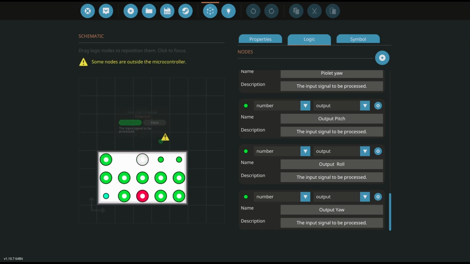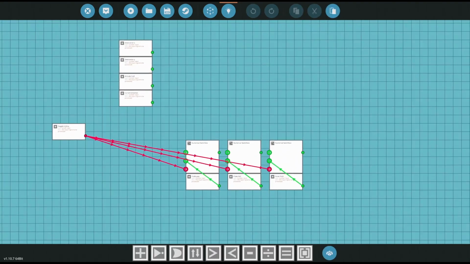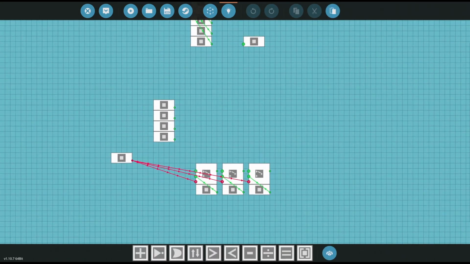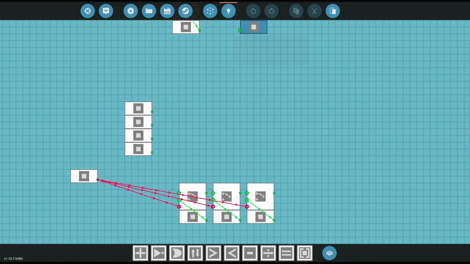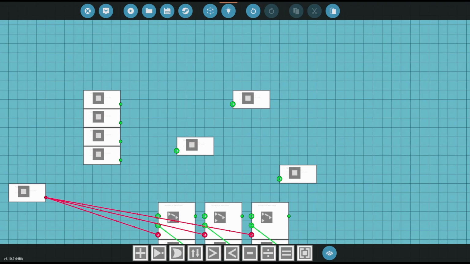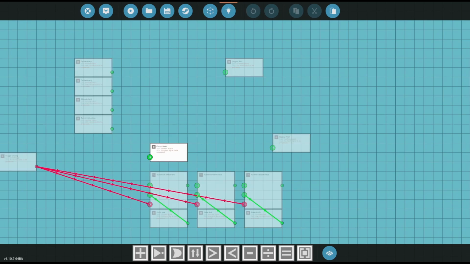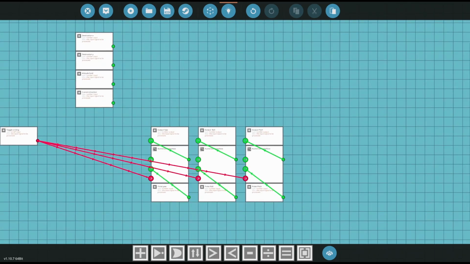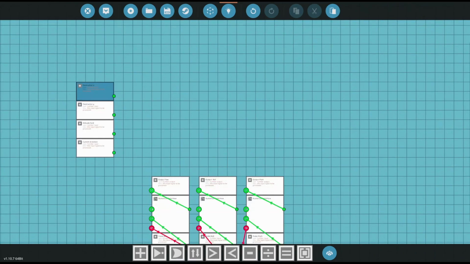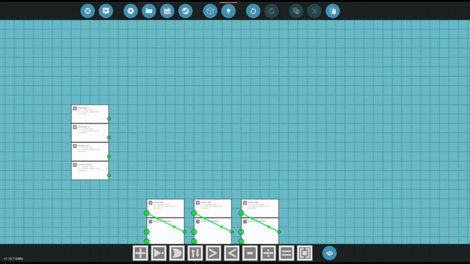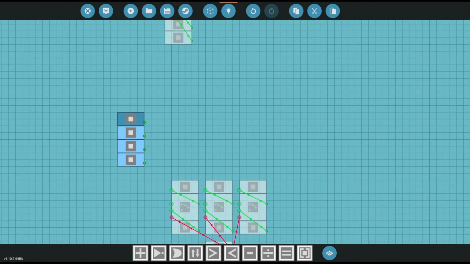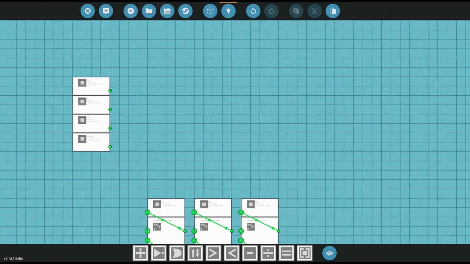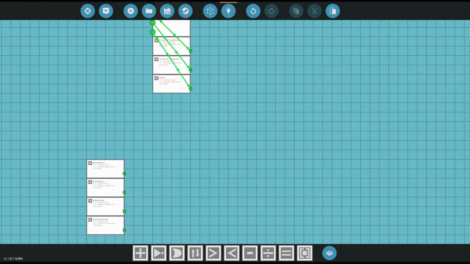Let me slide this here and put that there. That is gonna sit up top of here. Then yaw to yaw, roll to roll, and pitch to pitch. Brilliant. So we got all these here. Now, we need some logical components to take into account here.